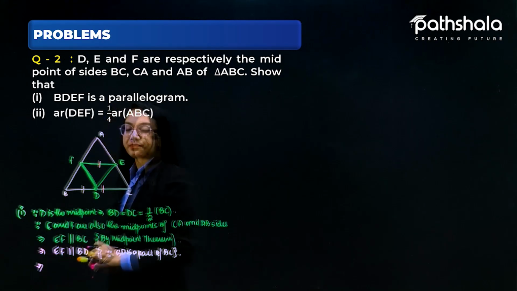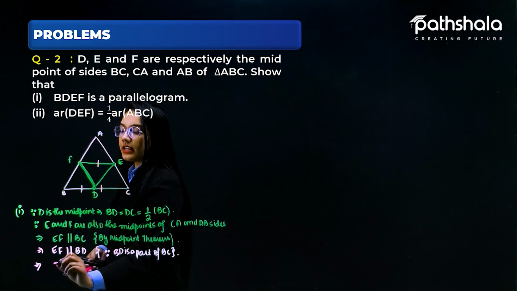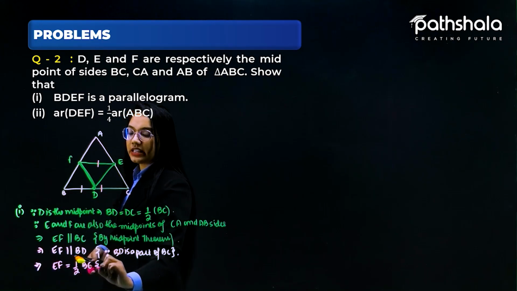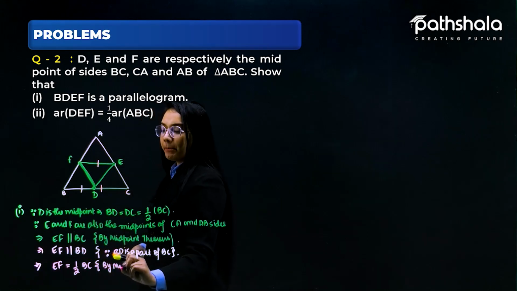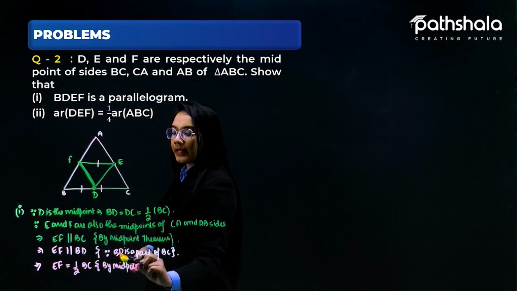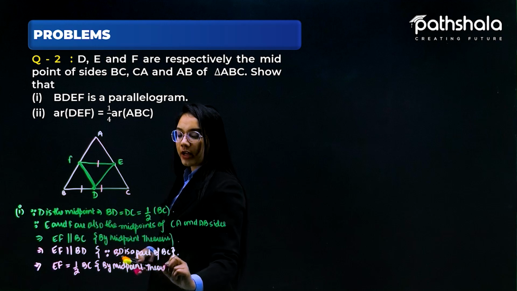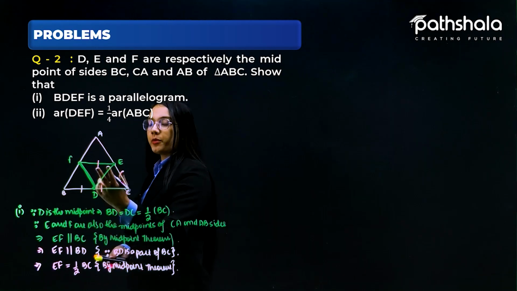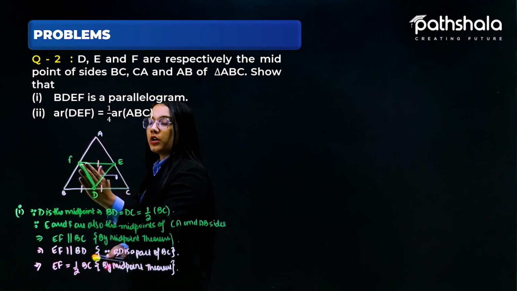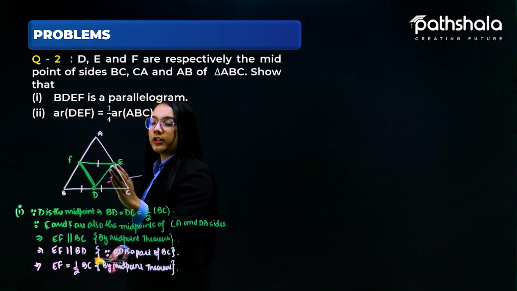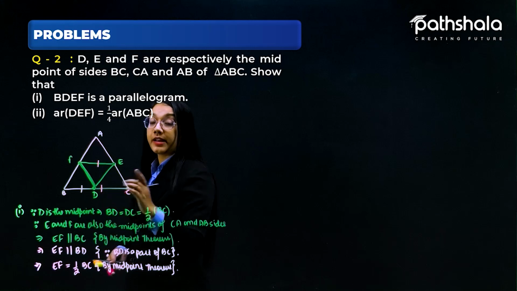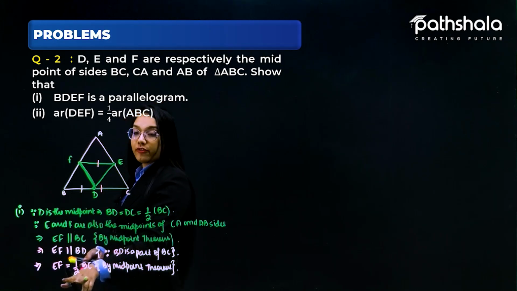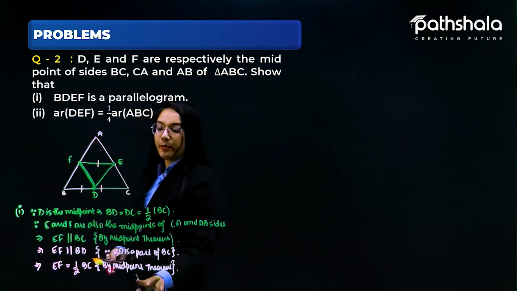Now again, we can say that EF is half of BC by the midpoint theorem, because whenever a line segment is formed by joining the midpoints of two sides of a triangle, it is always parallel to the third side and it is also half of it. So EF is also half of BC by the midpoint theorem.